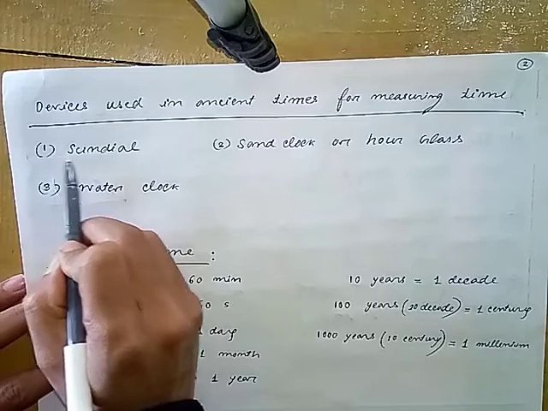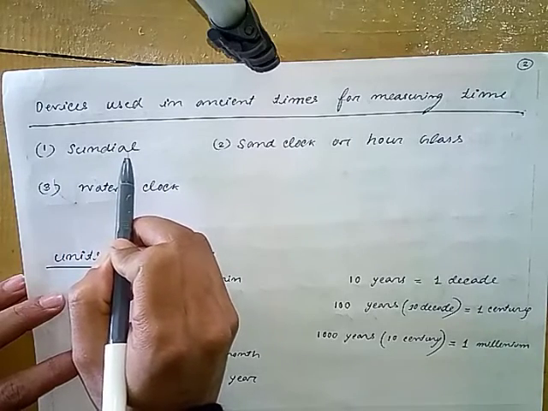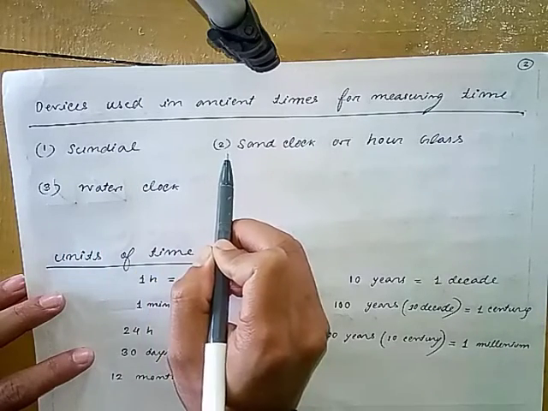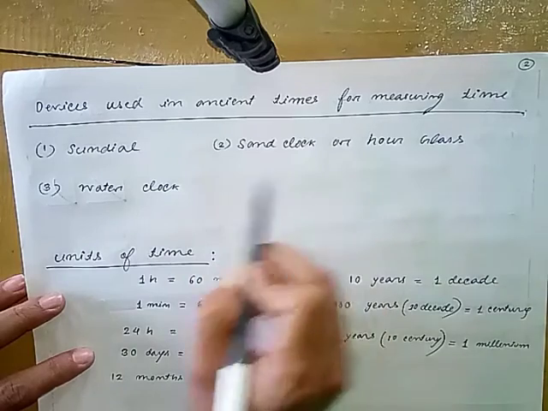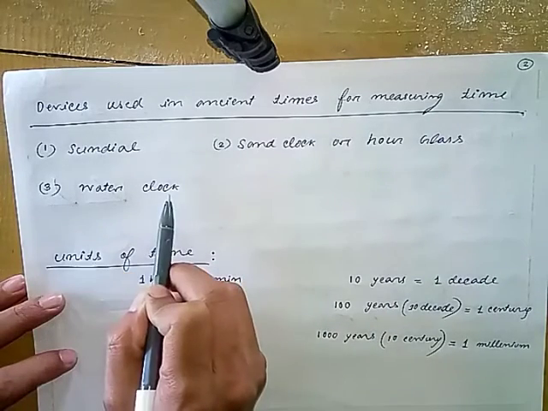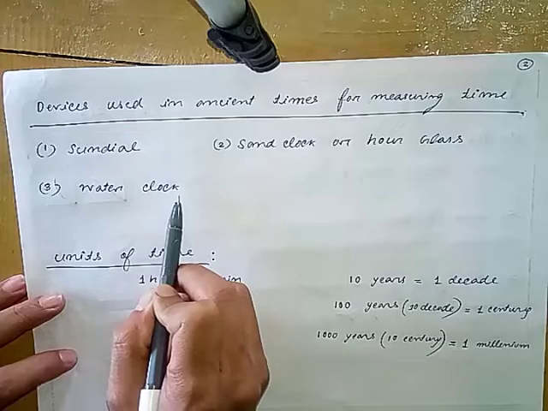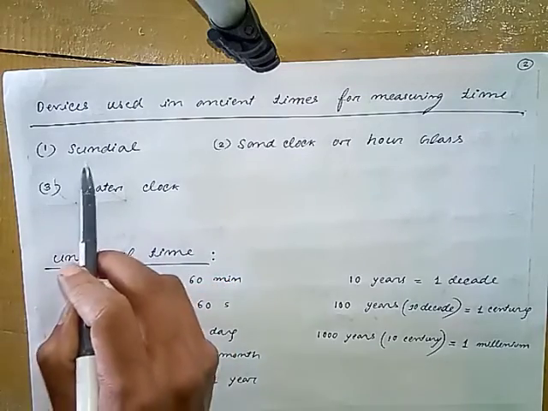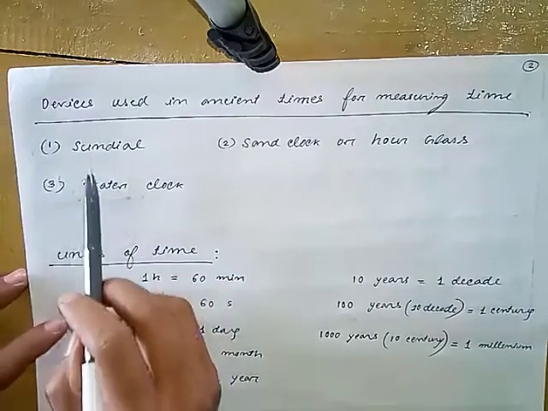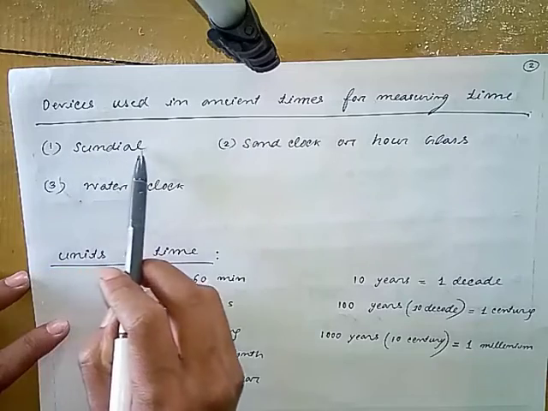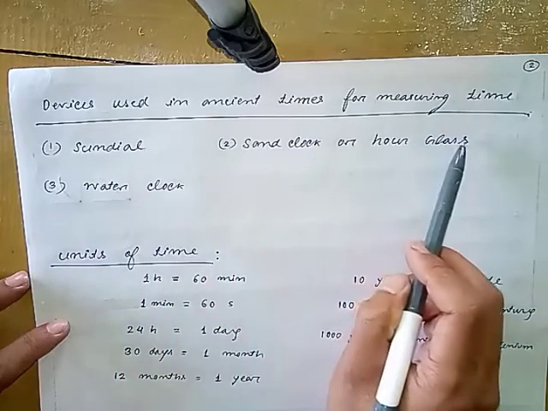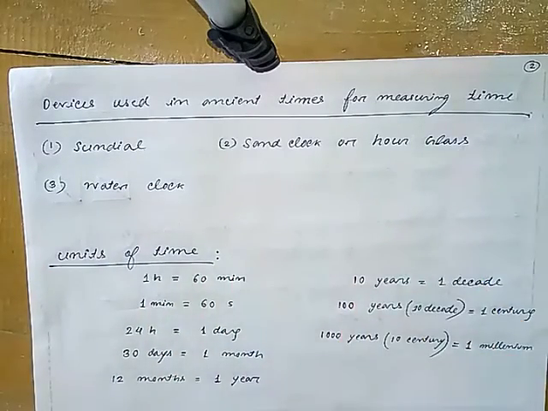They are: number 1, sundial; number 2, sand clock; and number 3, water clock. And in your book, a brief note is given about all these devices. So you have a read, and if you get any problem, you ask me.